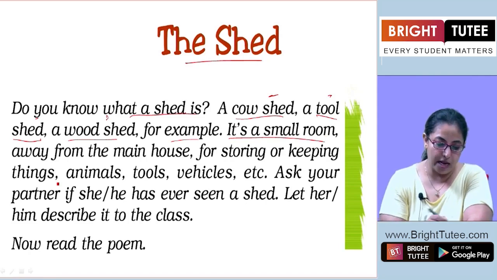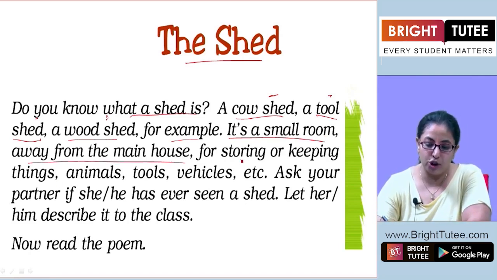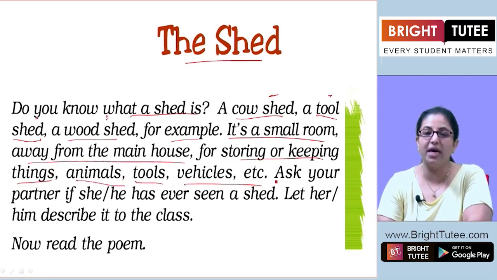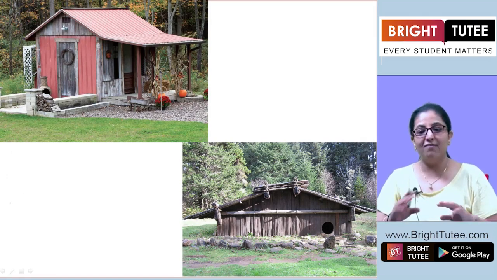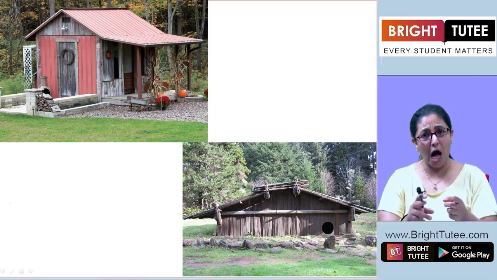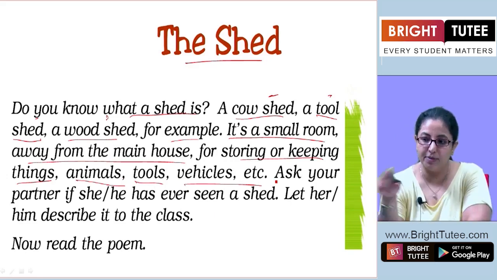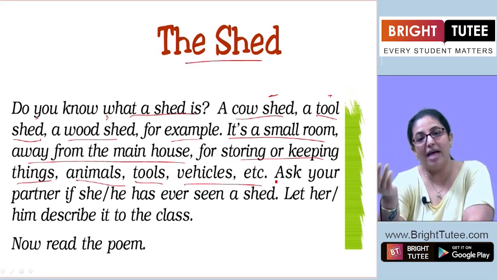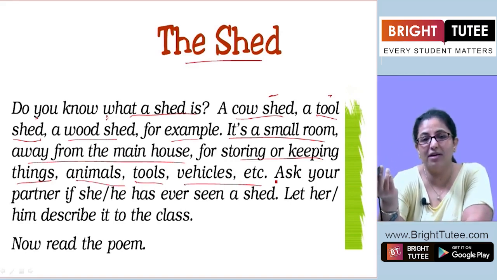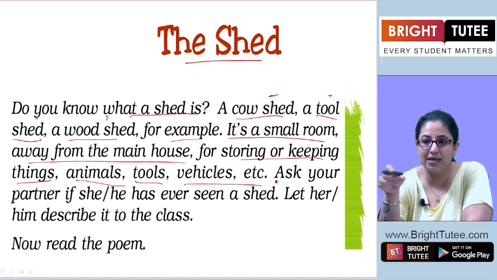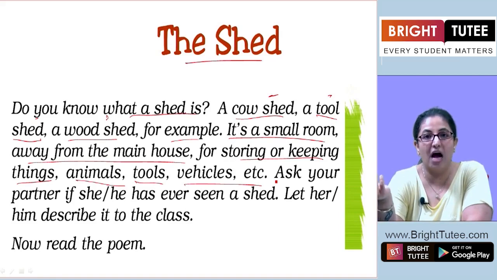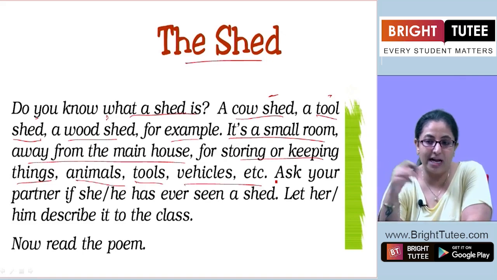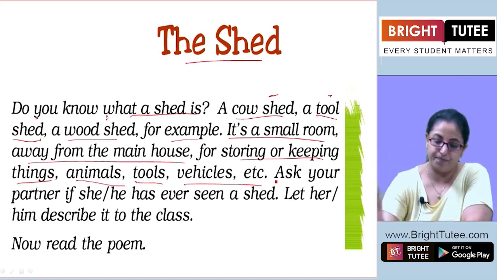It's a small room away from the main house for storing or keeping things, animals, tools, vehicles, etc. Any place which is just away from the house, however, in the vicinity, in that particular boundary, a small room where we can keep the animals, whatever is not in regular use, not waste as in the waste of the house. No, the things which we do not use regularly, we can keep that in the shed. That particular place is called a shed.